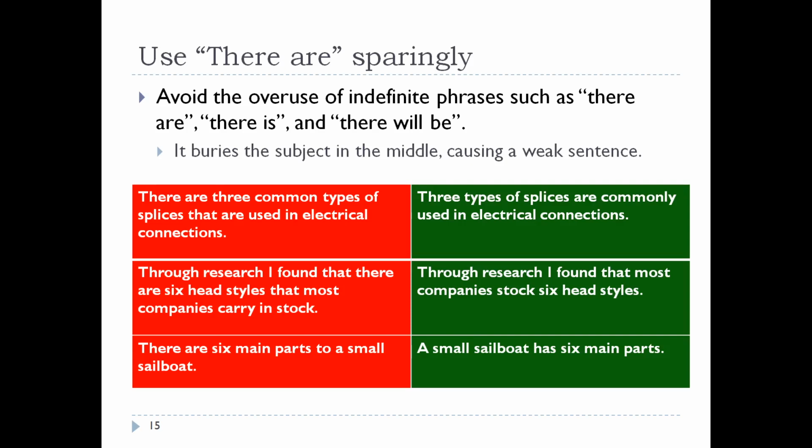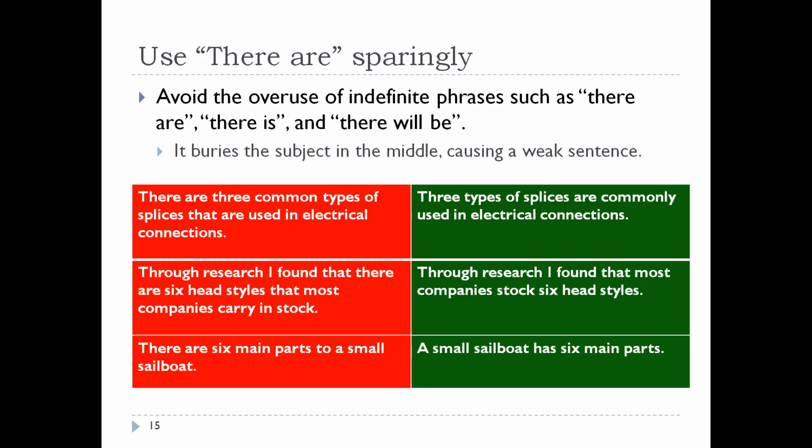Look at the next example. Through research, I found that there are 6 hairstyles that most companies carry in stock. Here again, "there are" is not useful. You can get rid of it. Through research, I found that most companies stock 6 hairstyles.